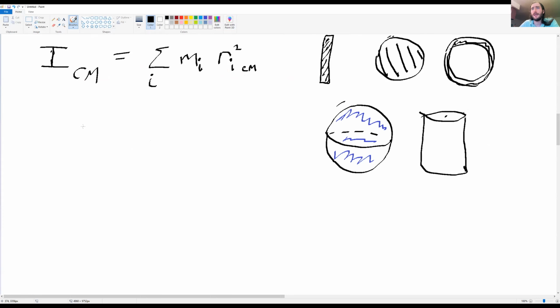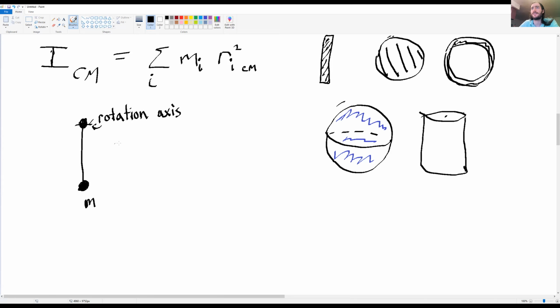If you have a point mass, suppose, for example, you have a pendulum like so, and this is just a mass on a string, and the string is massless, okay? And this thing is free to rotate about this point up here at the top. The moment of inertia of this point mass rotating about this point, this is the rotation axis.